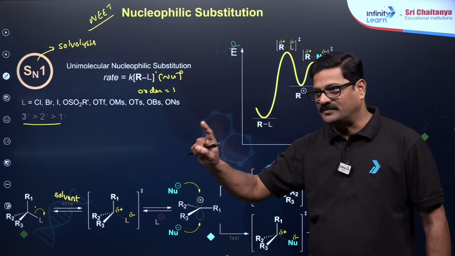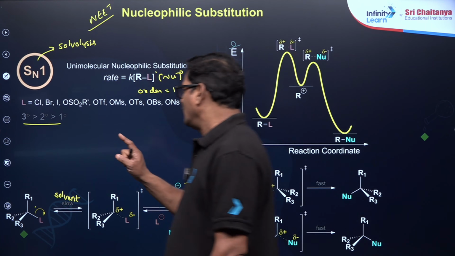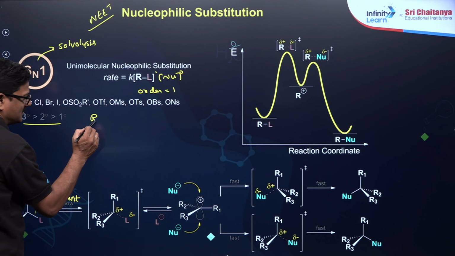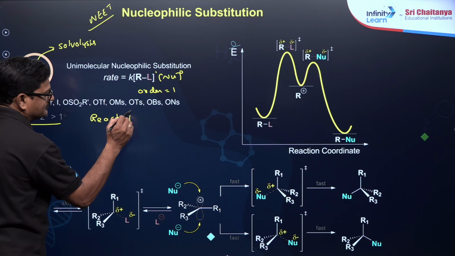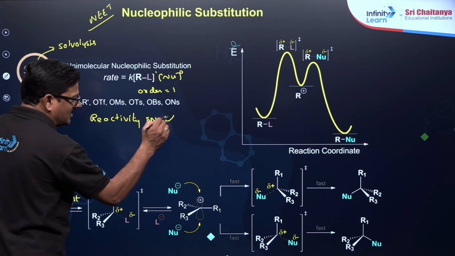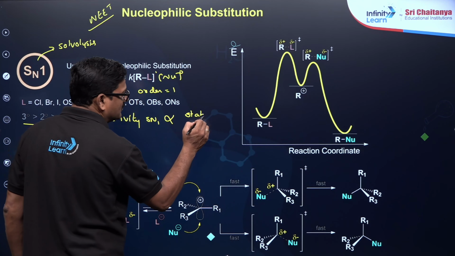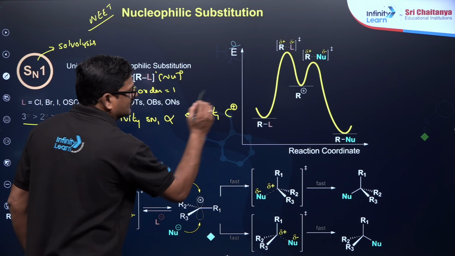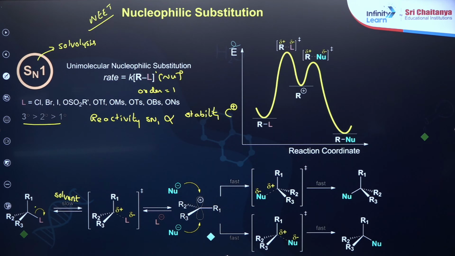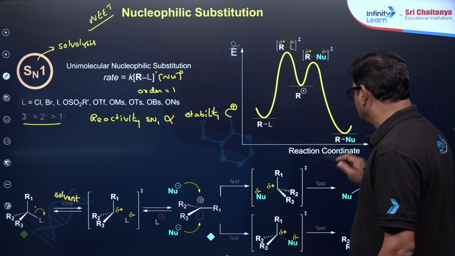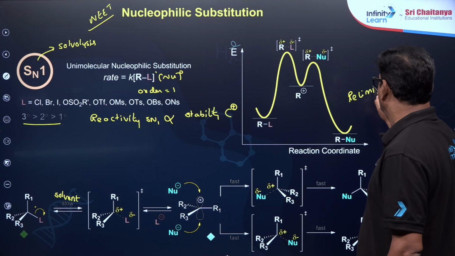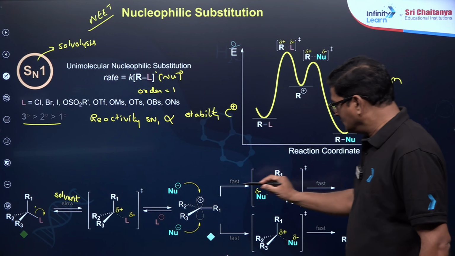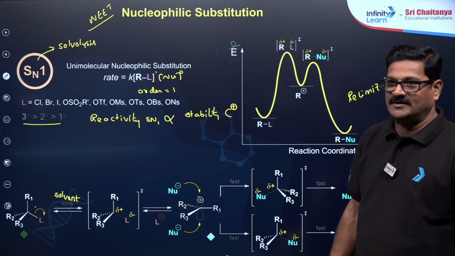You see the logic to crack this question: reactivity in SN1 is directly proportional to the stability of the carbocation. And at the end, racemization is seen, because the nucleophile can attack from the front side as well as the backward side.